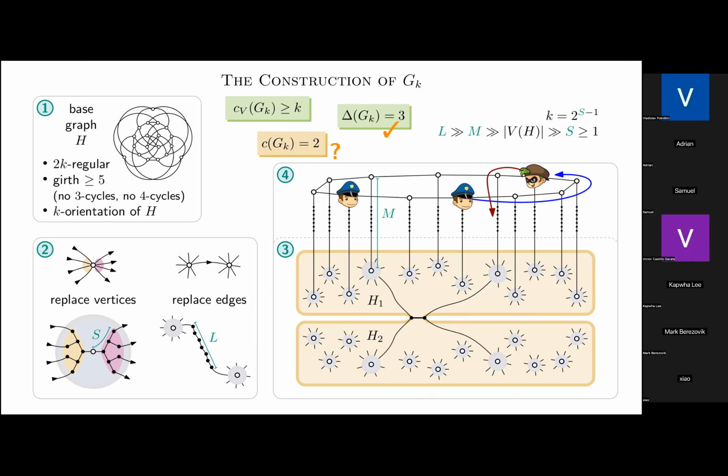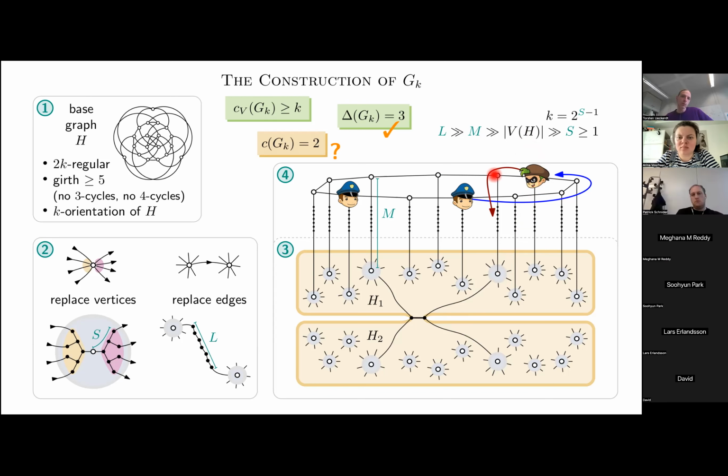So even by the time he really reached H1, I'm already on top of him. So I can assume that I'm at the top end of a path that the robber is currently moving down on.